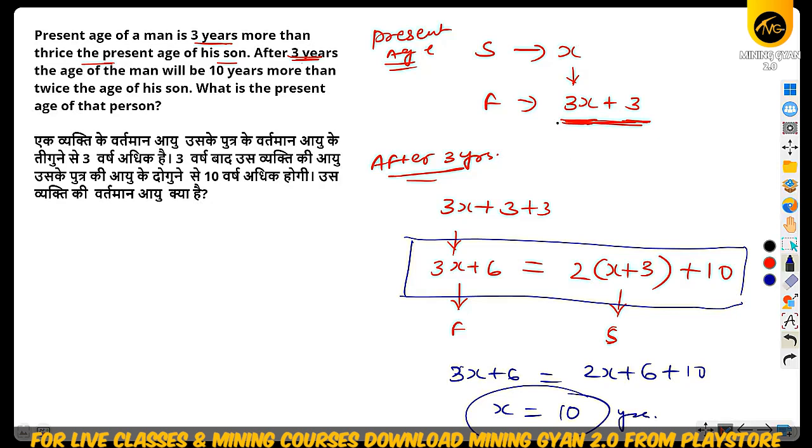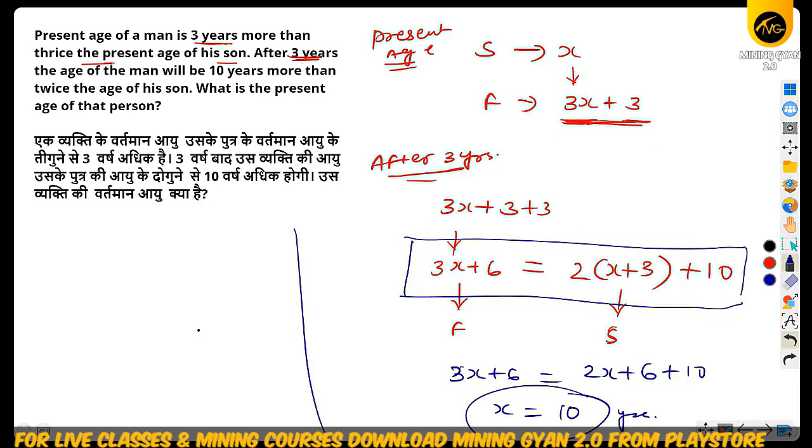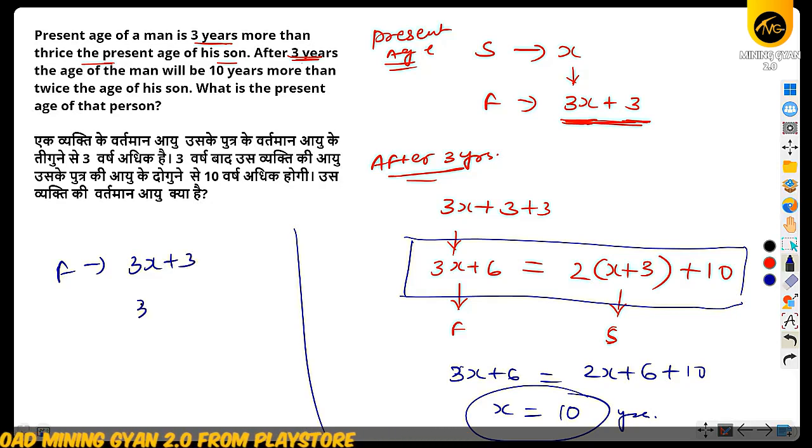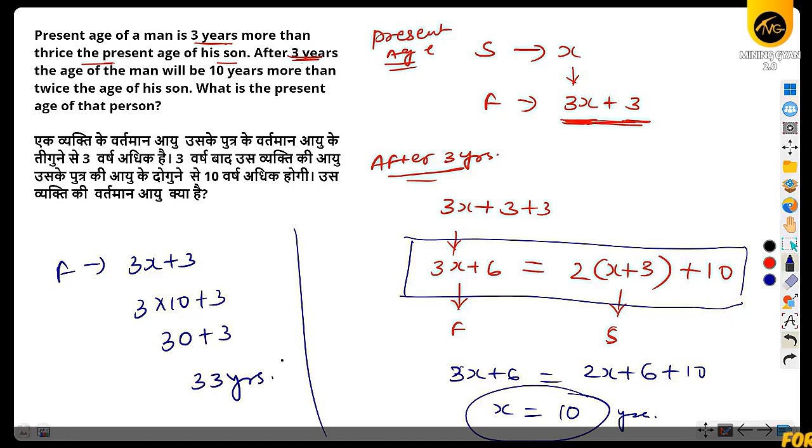So what is the age of the father? Just put down the value of x into the father's age. It is 3x plus 3, 3 into 10 plus 3, that will be 30 plus 3. So 33 years old. This is the age of the father.